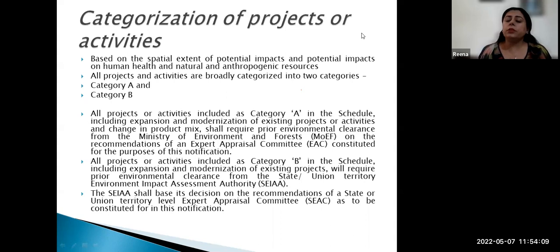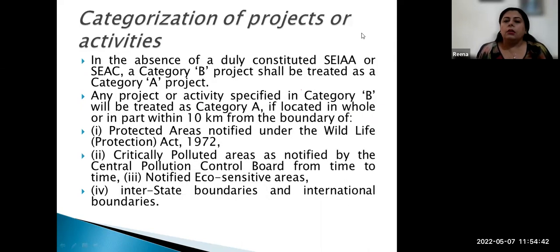Basically the projects are categorized in 2 categories, A and B. As I have already explained, category A is the schedule where large projects are there, for example expansion of projects, modernization of existing activities, and change in product mix. All projects or activities included in category B are basically considered at the state level by SEIAA and SEAC.